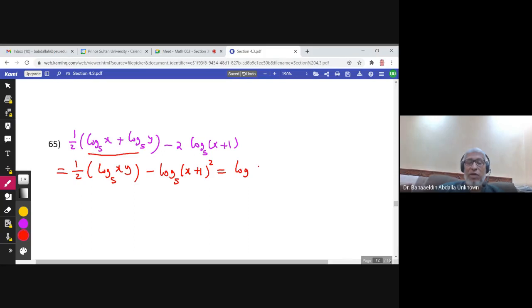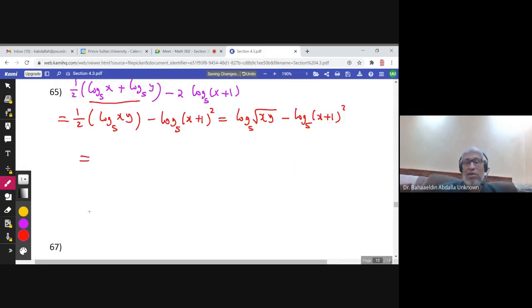So you write it as log of x, y, all to the power half, or you write it as the square root of xy, because the half should be a power of both x and y. Minus log of x plus 1 squared. Now you have two logs subtracted, one of them subtracted from the other.